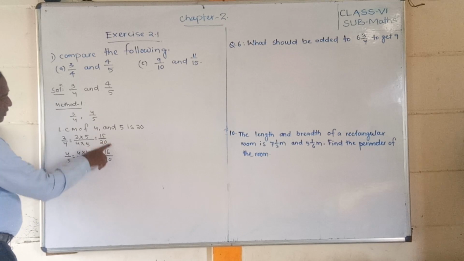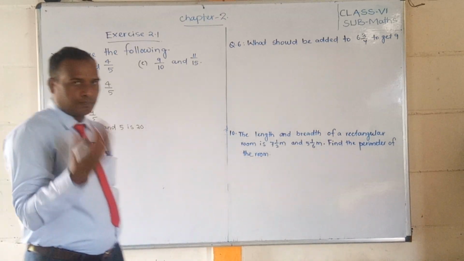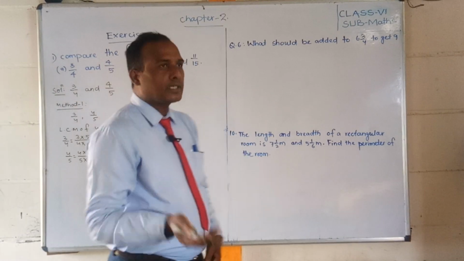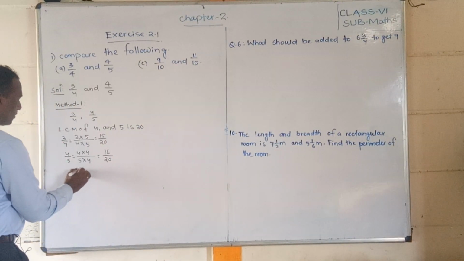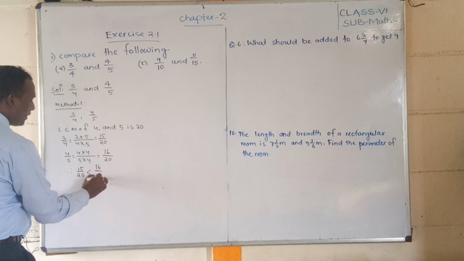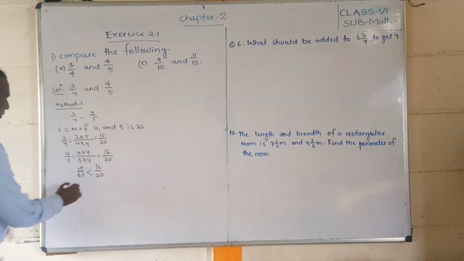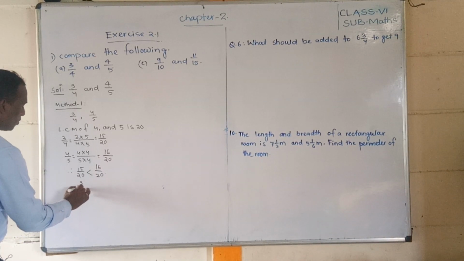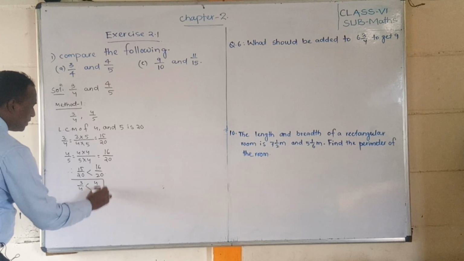You know, students, if the denominators are the same, the smaller numerator is smaller and the greater numerator is greater. So what did you understand here? We found that 15/20 is smaller than 16/20. So according to the equivalent fractions, we got 3/4 is smaller than 4/5.